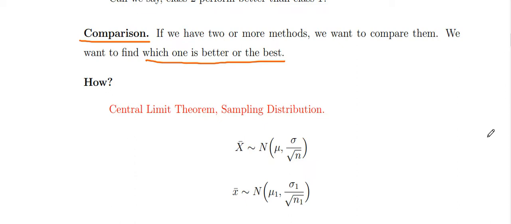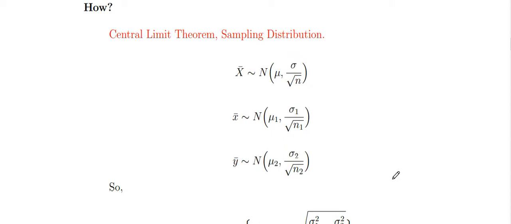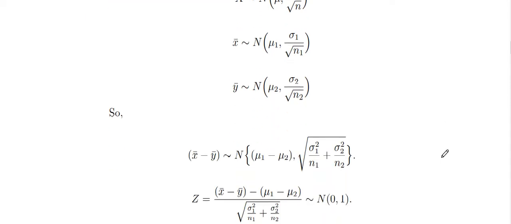So x bar follows this normal, and y bar follows this normal. x bar is the average from this sample, and y bar is the average from that sample. Since x bar and y bar both follow normal distributions, we have this result: normal minus normal is normal, and normal plus normal is normal.